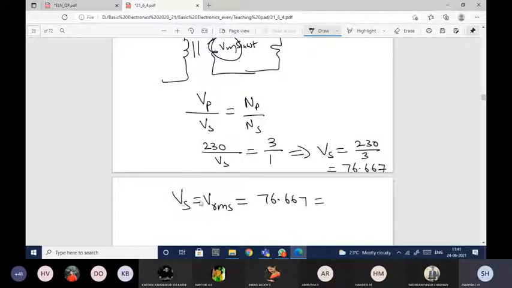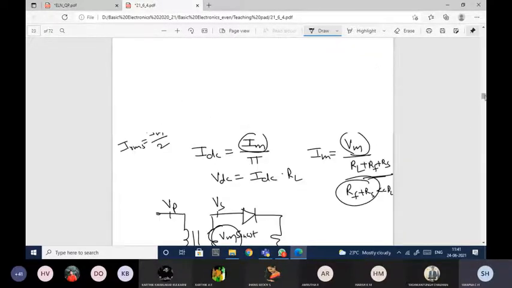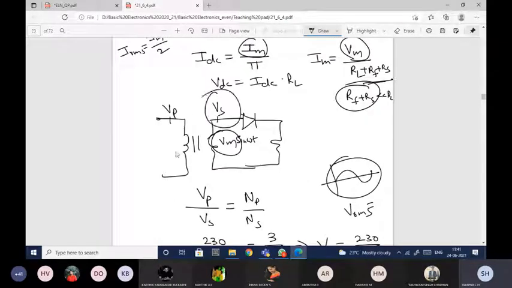How will you calculate it? This is a sinusoidal signal. What is the Vrms of this input? Let me come back again. Here I've got Vs, which is the secondary of the transformer. Whatever voltage I have at the transformer secondary is nothing but the RMS value.